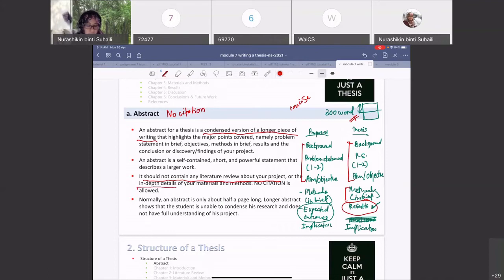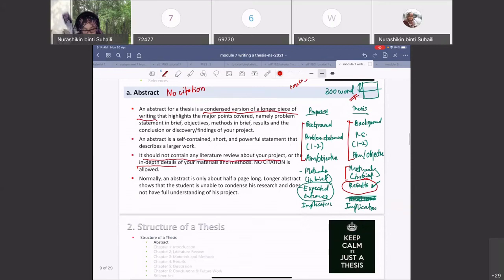Why? Because you have the materials and methods section that you should explain in detail. So here you can just say the name of the method for whatsoever analysis will be conducted. You just mention the name of the method, but you don't put the details about how you do the method, what's the condition, and so on.